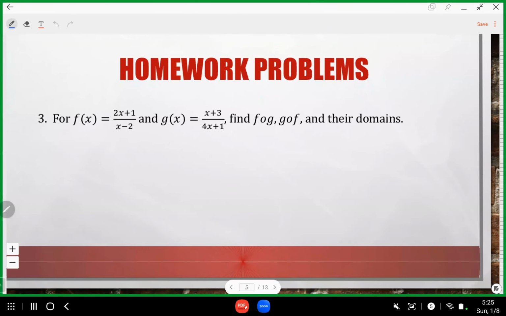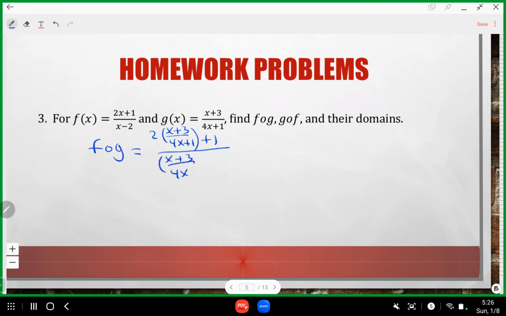So to find the f of g, we need to replace all the x's with the g of x. So I just first plug them in, and after that, I just multiplied everything by 4x plus 1.